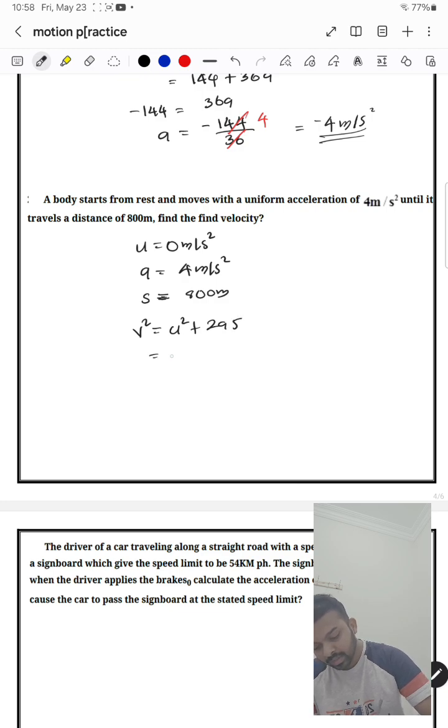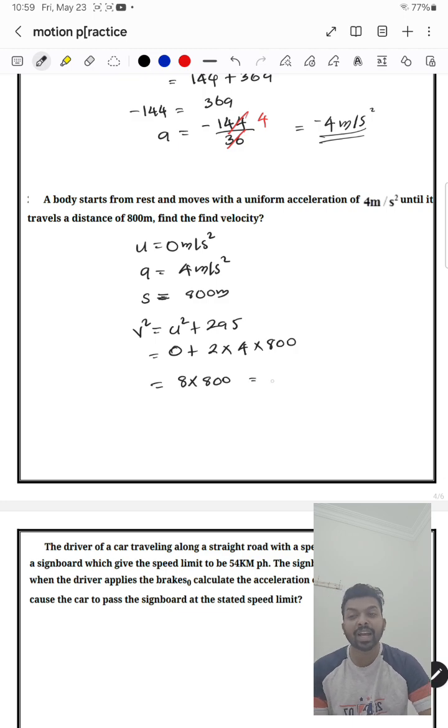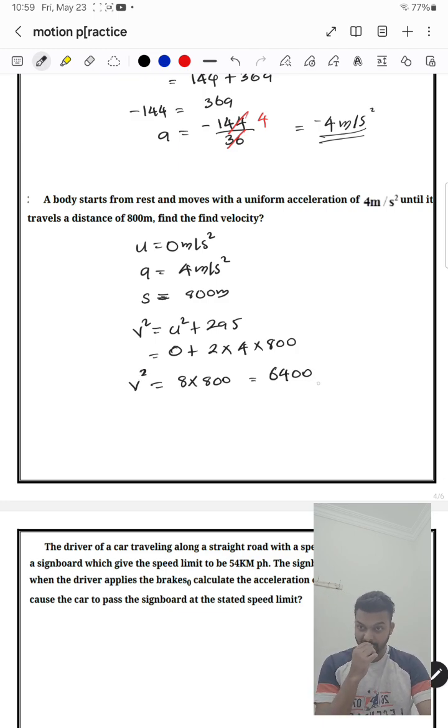Of that, u is 0, so 0 plus 2 into 4 into 800. 2 into 4 is 8, 8 into 800. So 8 into 8 is 64, and we got v square is equal to 6400.